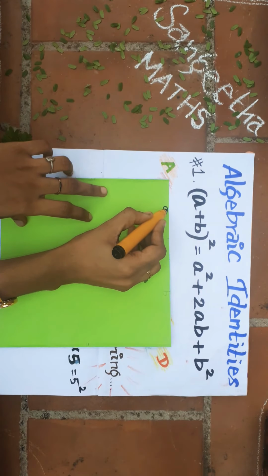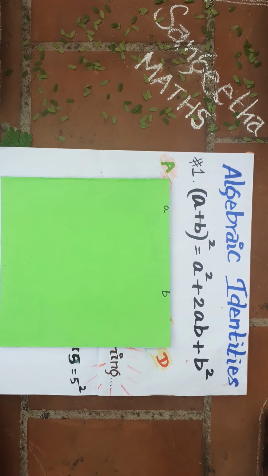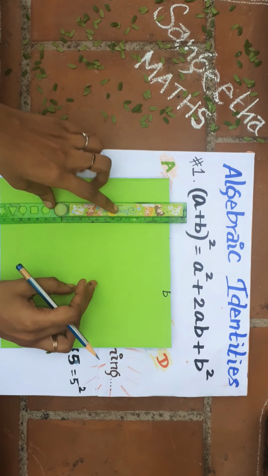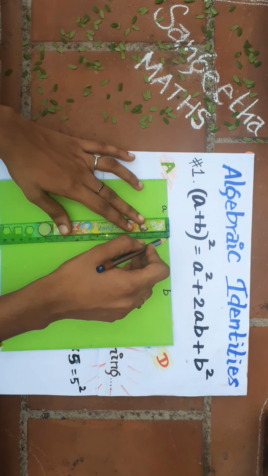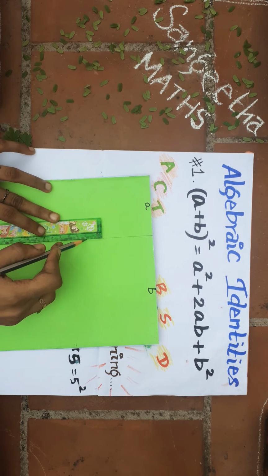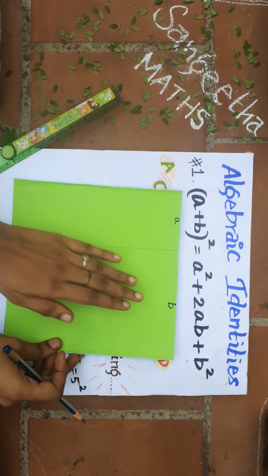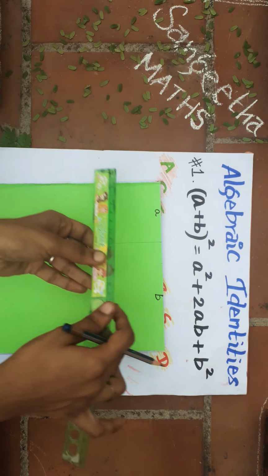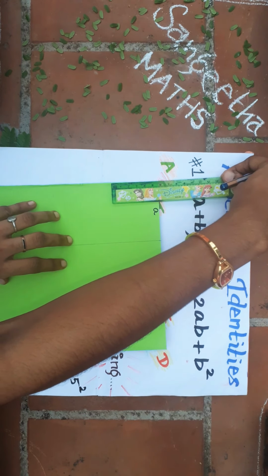Now I'm going to draw a line. So a and b. The same 7, I'm going to take this way also.